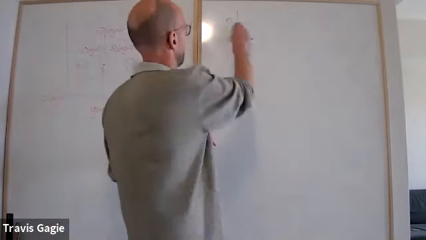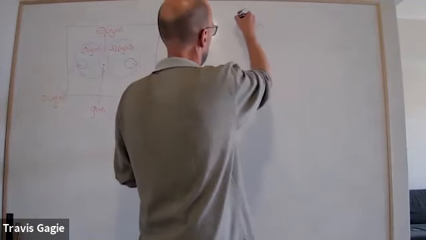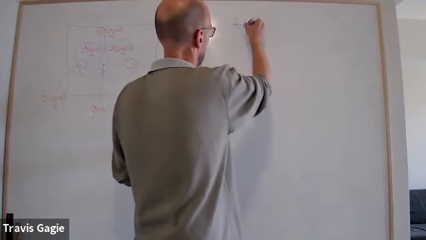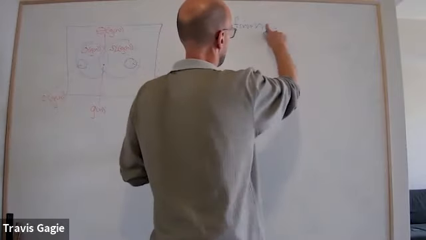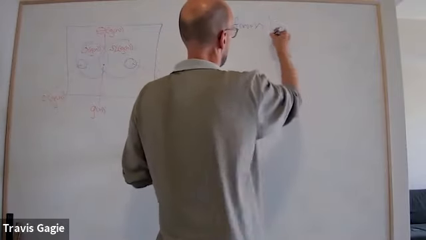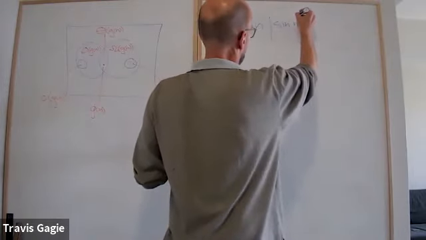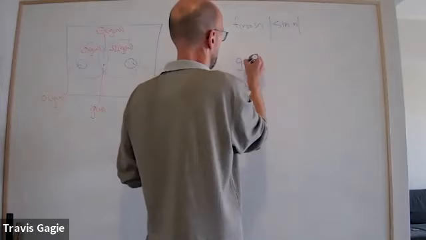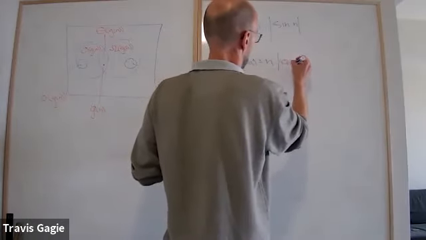Let's suppose f of n equals n times the absolute value of sine n, and g of n equals n times the absolute value of cosine n.